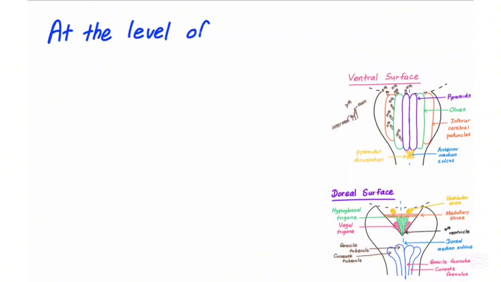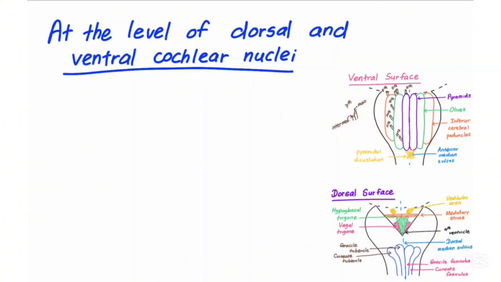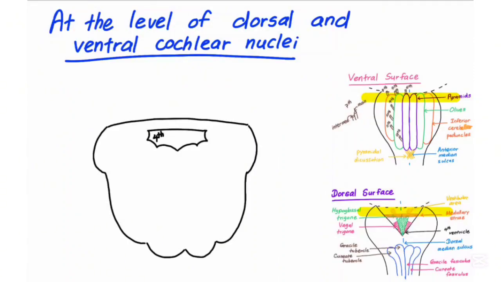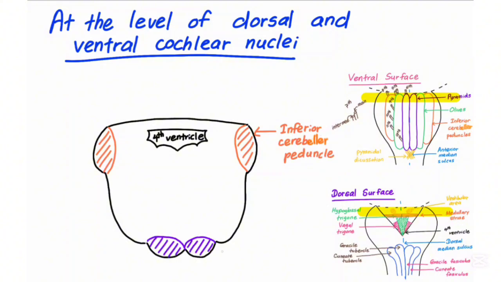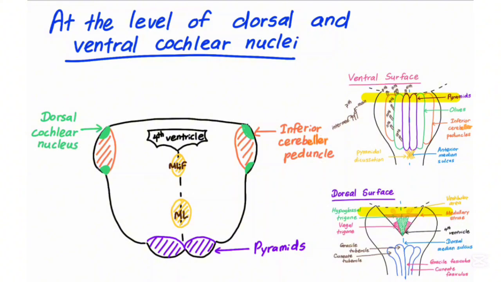So here's the last cross section at the level of dorsal and ventral cochlear nuclei. Same as earlier, we can see the 4th ventricle and the inferior cerebellar peduncles and the 2 pyramids. In the midline, medial lemniscus and the medial longitudinal fasciculus, and the most special thing is the dorsal and ventral cochlear nuclei.